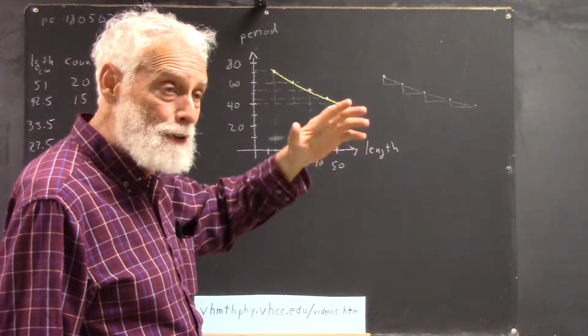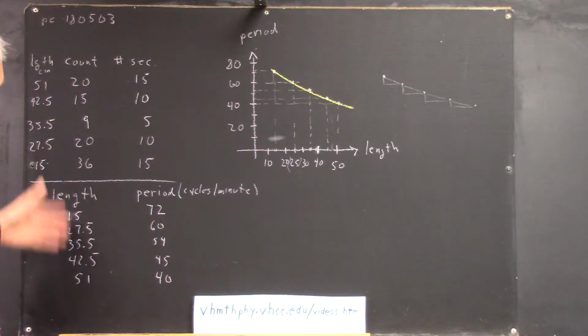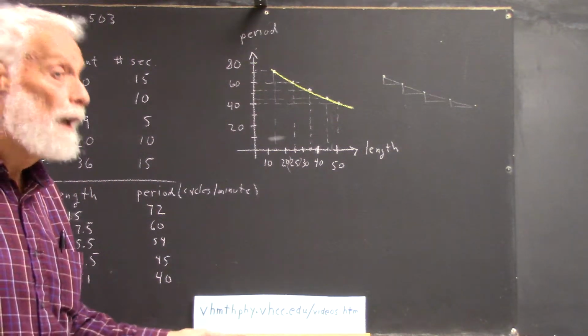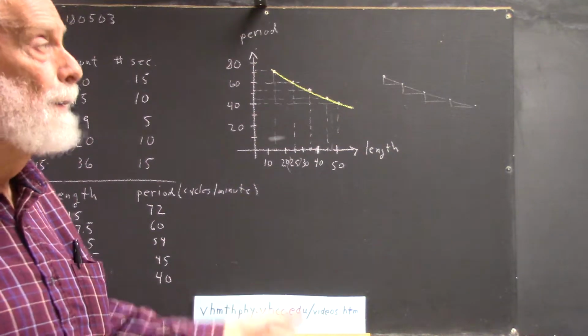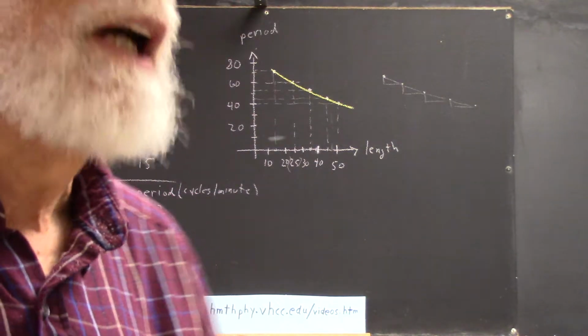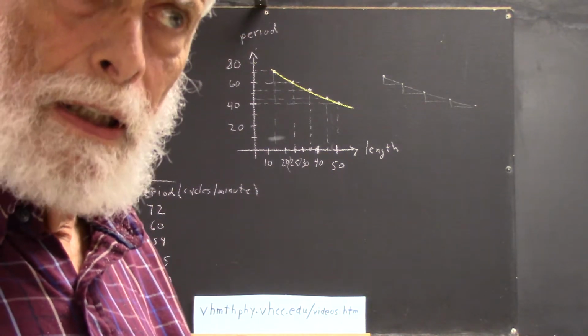So that could affect your count by plus or minus 1, which would have a certain percent effect on the period that we calculated. So there are inherent uncertainties. We didn't observe it closely enough, okay? If we used a stopwatch or made a longer count, we'd get rid of a lot of that uncertainty.